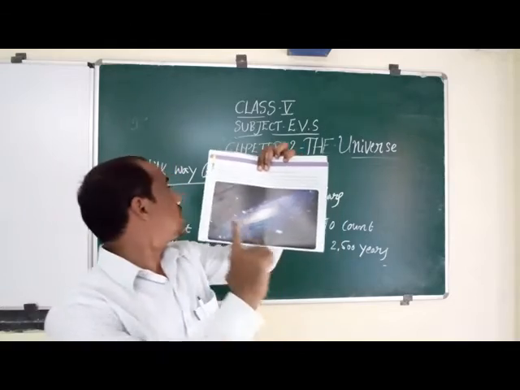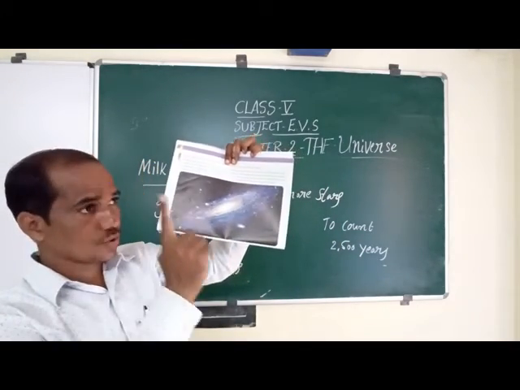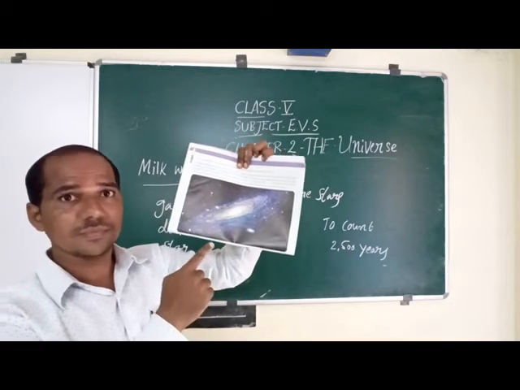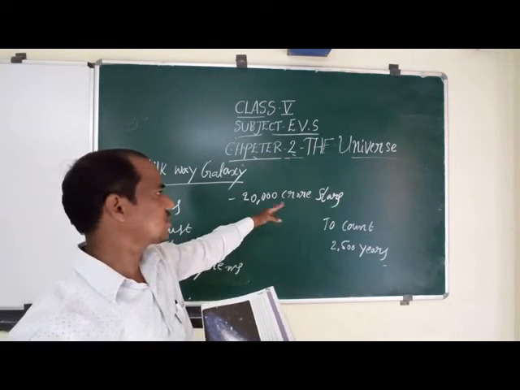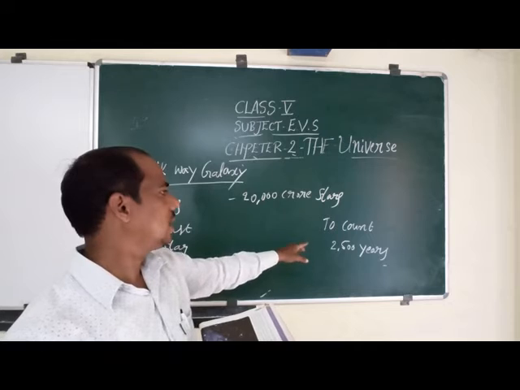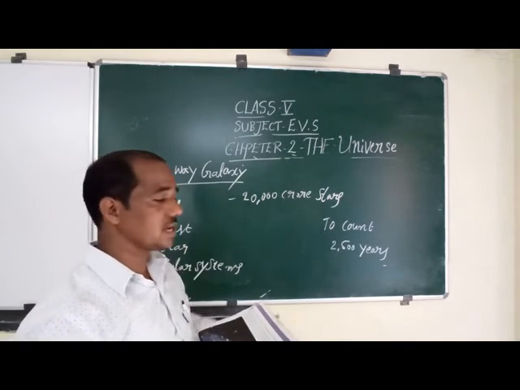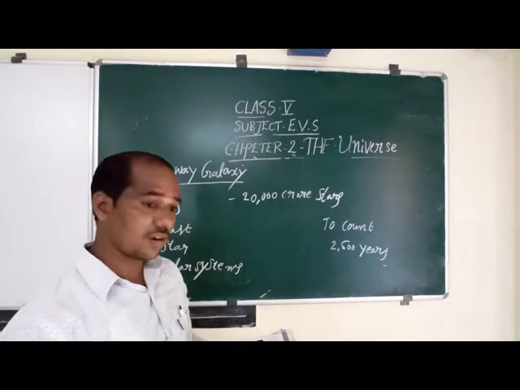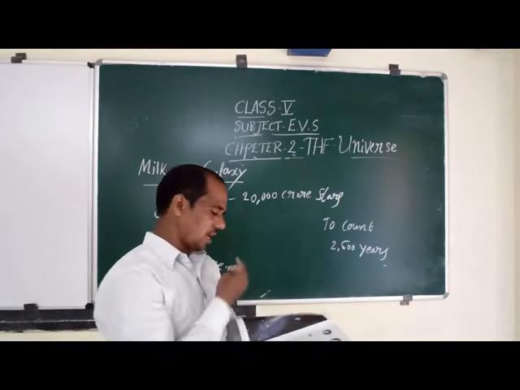In this galaxy, there is gas and dust and crores of stars and the solar system. Okay, how many stars are there? 20,000 crore stars are there. To count these 20,000 crores, how many years does it take? 2,500 years it will take.